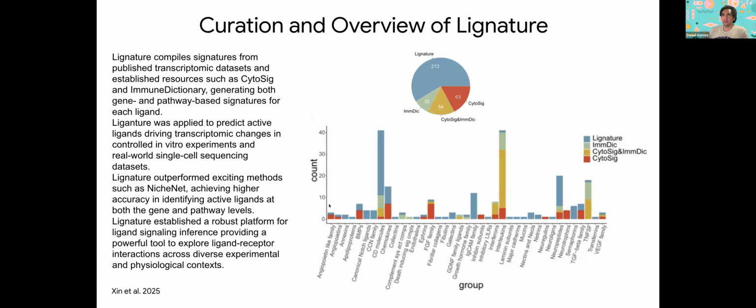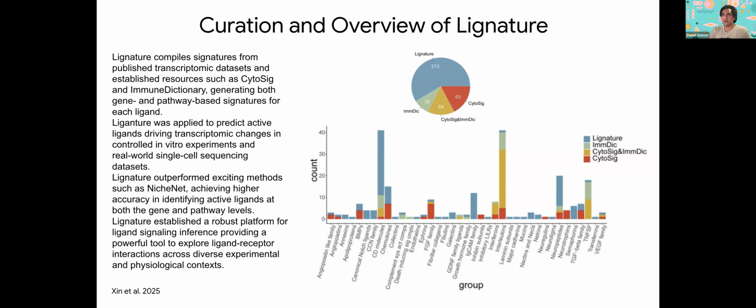Lignature compiles the signatures from published transcriptomic datasets and established resources such as CytoSig and Immune Dictionary, which are two extensive databases that are able to generate both gene and pathway-based signatures for each ligand.